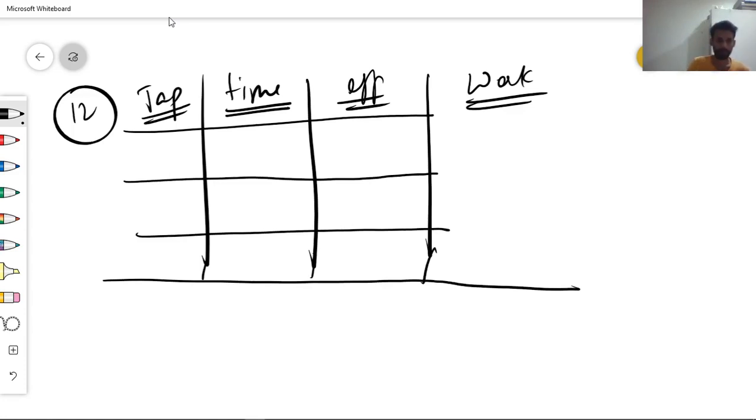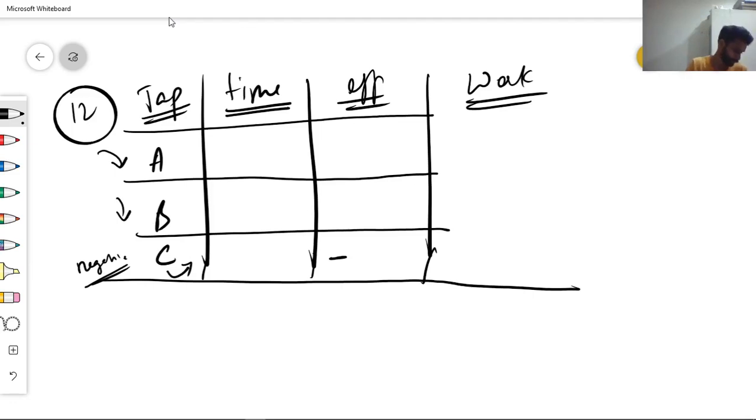So let us take the first one as A, then second one as B, and the last one as C. Okay, this is doing a negative work. This is negative because this is letting out everything. These two are letting in, this one is letting out. So this is a negative work, these two are positive work, so the efficiency will be minus here.